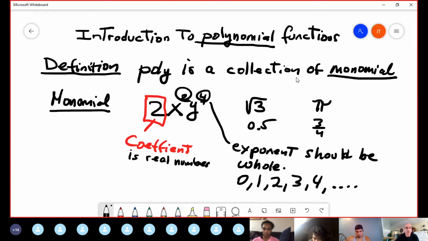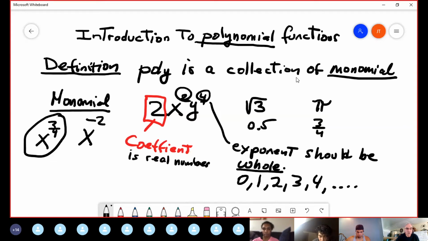For example, x to the 3/4. 3/4 is the exponent of x, but 3/4 is not a whole number. Therefore, this is not a monomial. Another example, x to the -2 is negative. The exponent is -2, which is not a whole number. This expression also is not a monomial.